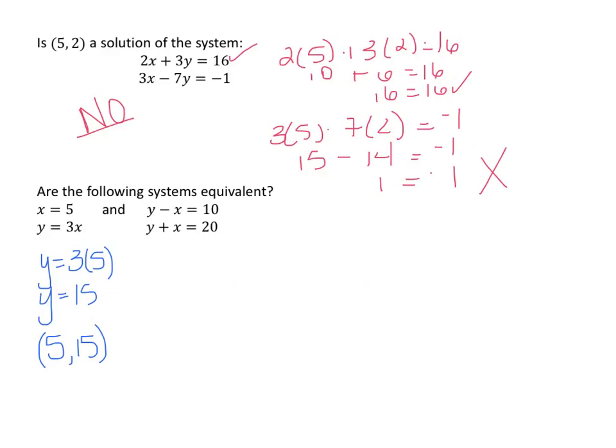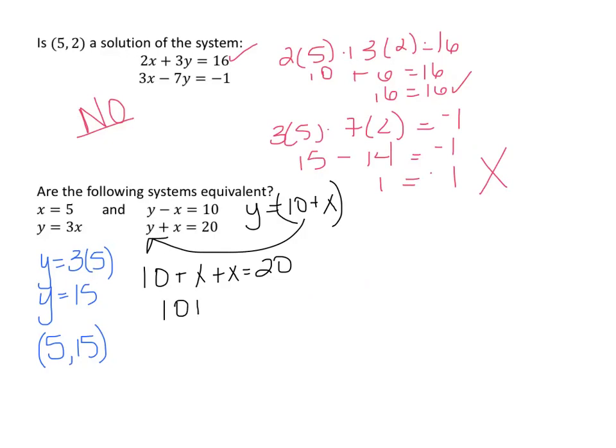On the second system, I'll have to do a little bit more. I think for this one what I'll do is add x to both sides of the first equation, and I'll get y is equal to 10 plus x. Then I'll substitute this information in for y here. So that's 10 plus x plus x equals 20.